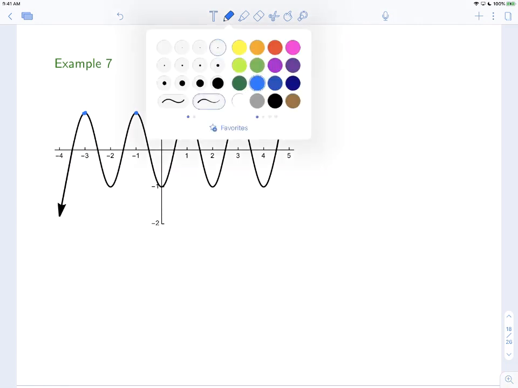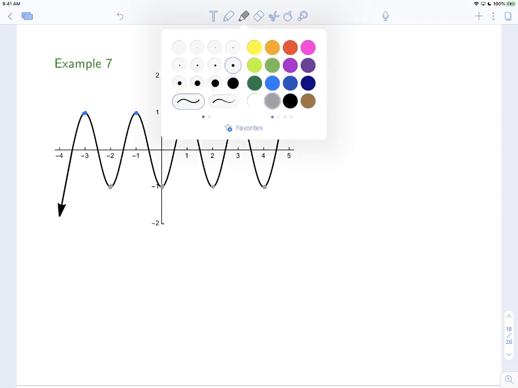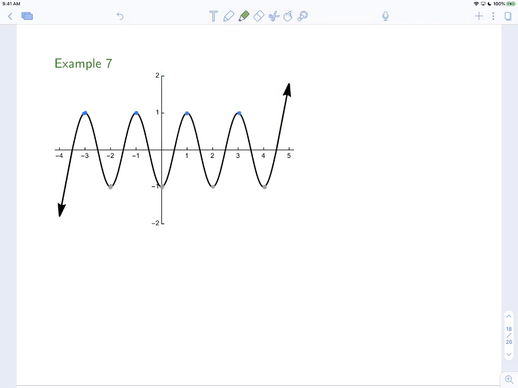And there's a local minimum here, here, here, and here. So that means that there's a lot of places where this is changing from increasing to decreasing. So it's increasing here, and here, and here, and here, and also here.